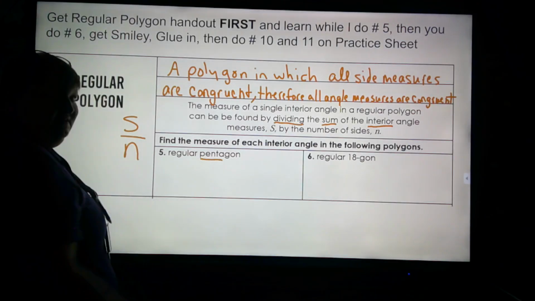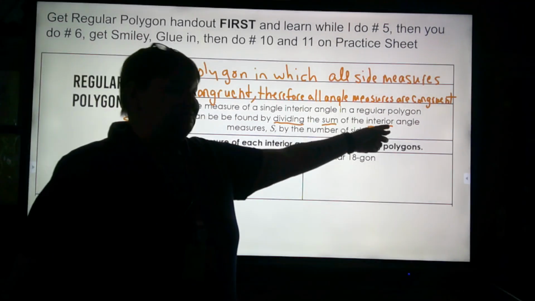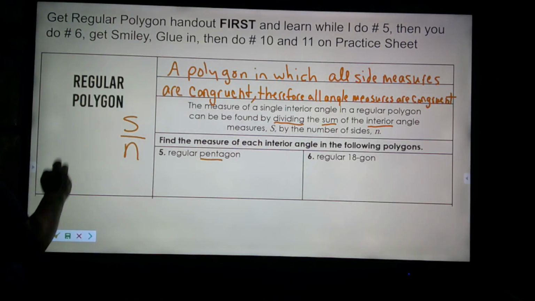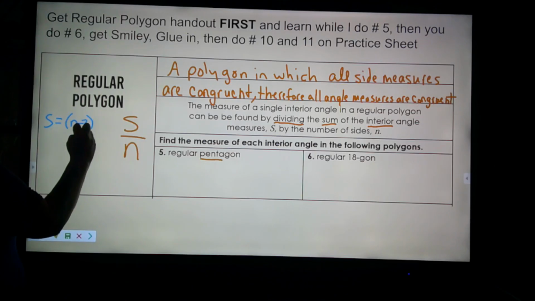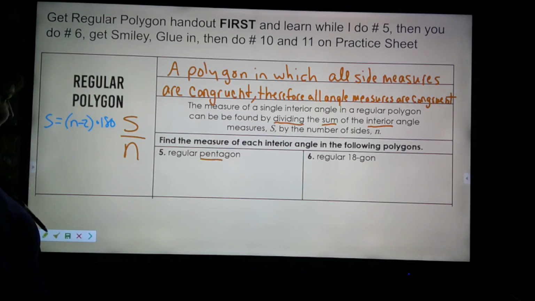Pentagon. Penta, if you remember, it has 5 sides. Go back to the beginning of your notes if you can't remember. 5 sides. Does anyone remember the sum of the interior angles of a pentagon? Could you figure it out real quick if you forgot? Yes, because the formula is S equals n minus 2 times 180. We just learned that.